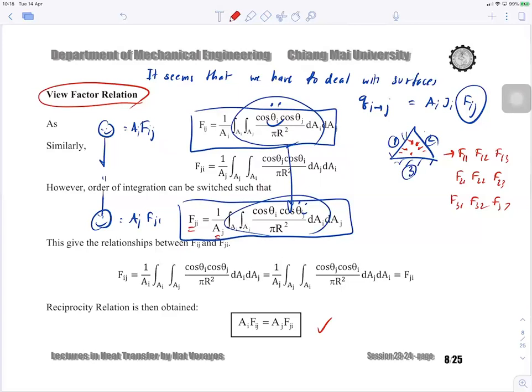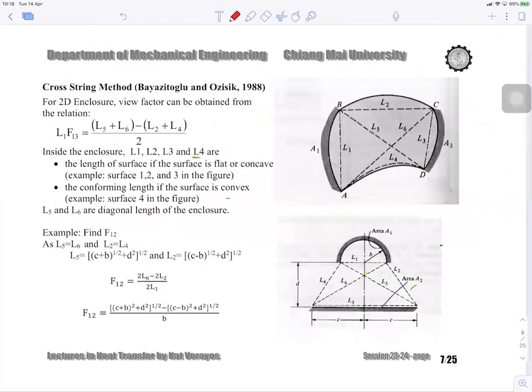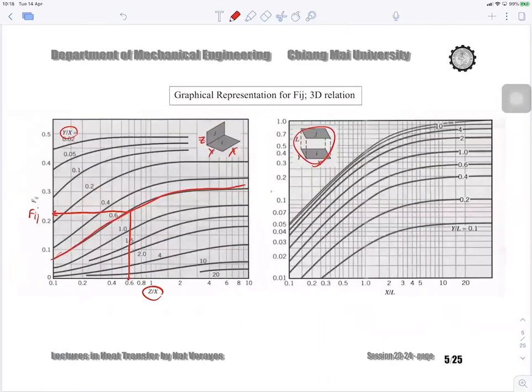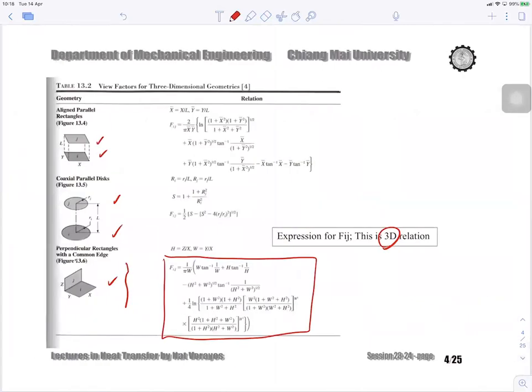So how can this help? Because if you can find Fij from the table or from the expression, what do I mean by that? Well, remember, you can use this graph, or this equation.